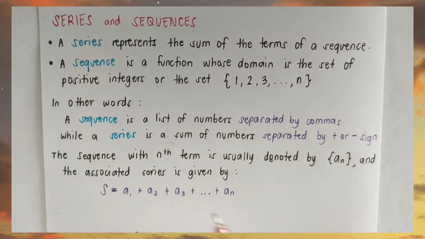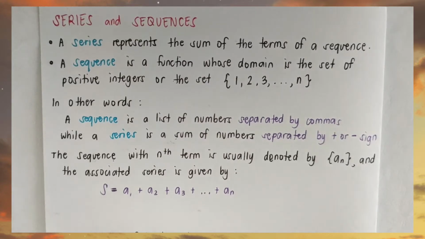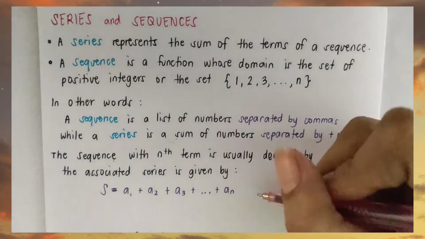The sequence with the nth term is usually denoted by a sub n, and the associated series is given by S is equal to a sub 1 plus a sub 2 plus a sub 3 up to a sub n. Let us have an example. Let's say in the associated series we have 5 terms.